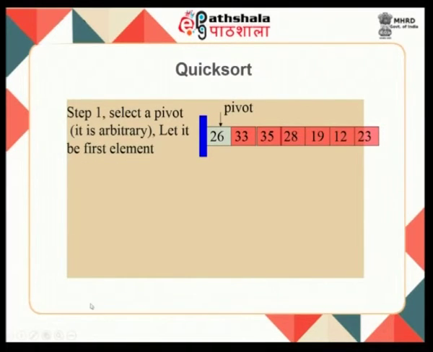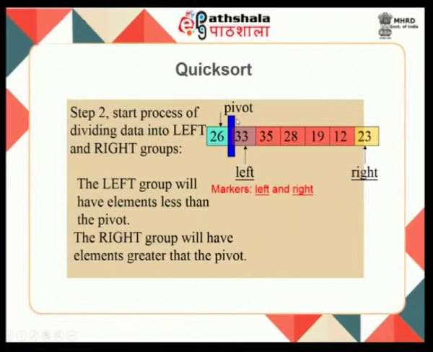So we can select a pivot in an arbitrary manner, but let us take the first element itself as the pivot element, as suggested by the original author. The logic is very simple.